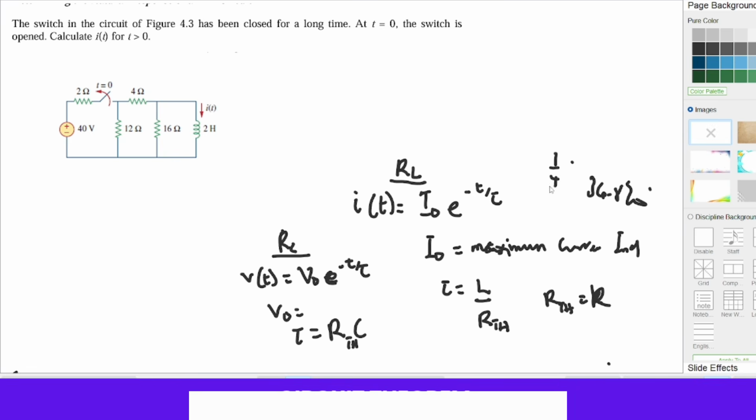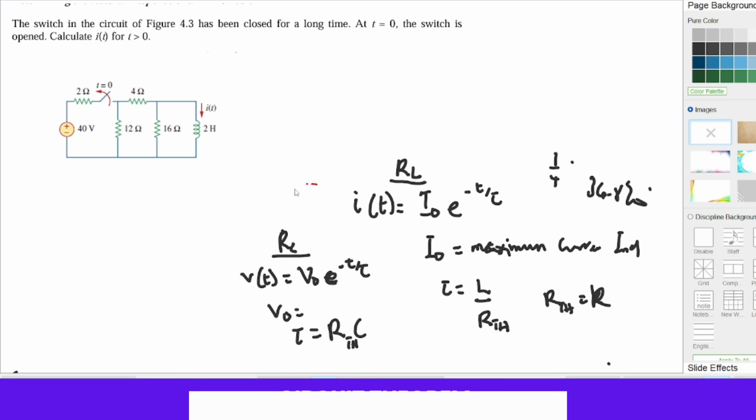So every time constant is equal to 36.8% of the initial value. That means 36.8% of the initial value has decayed. So with time, when I open my circuit and I'm looking for a voltage, as time increases, the voltage will also be decreasing. When it comes to the current too, the same thing happens.